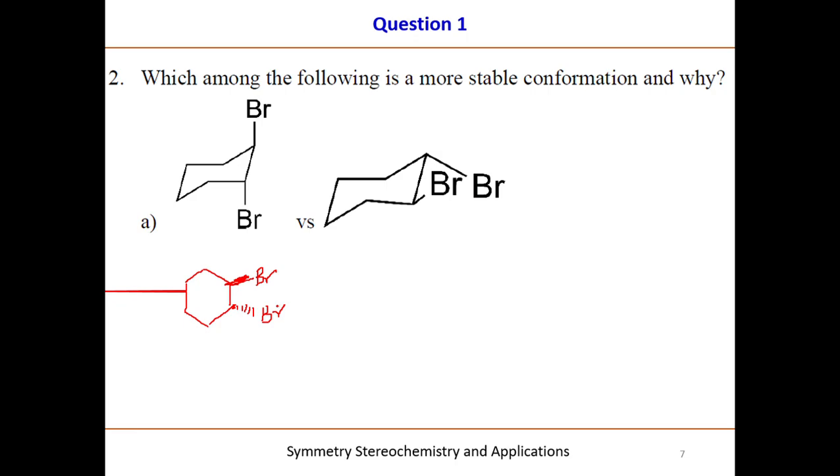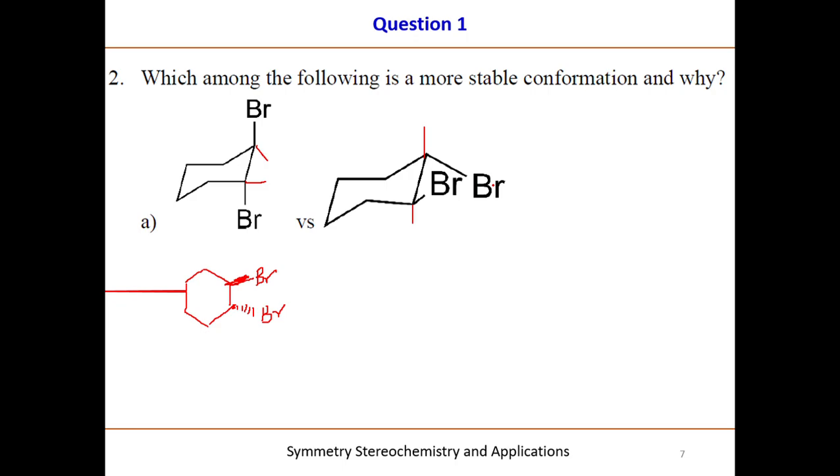So when you draw it in chair form, you will see the axial and equatorial positions. So these two are on axial position. That's why it's trans. And here also these are equatorial positions. That means it is a trans form. If you are not getting how we can distinguish between the cis and trans conformation of cyclohexane, then you can let me know. I will discuss this topic in detail.